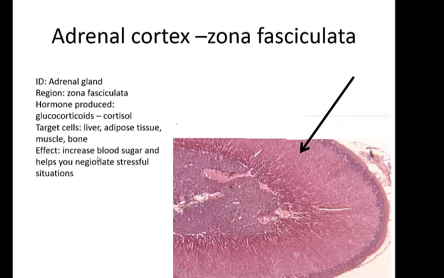Okay, for our zona fasciculata, here's this big region in here. If I point anywhere in this lighter region, it's the zona fasciculata. This is where we release our glucocorticoids, or cortisol. And cortisol reaches out and affects a lot of different organs, mainly the liver, but it also affects adipose tissue, muscle, and bone.